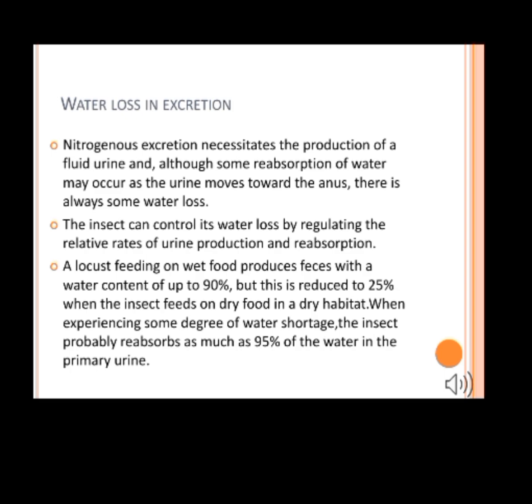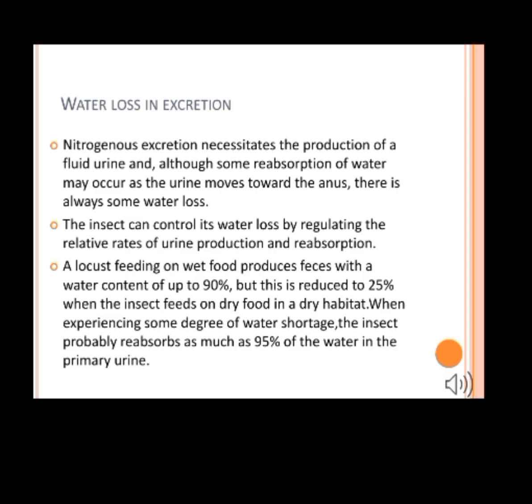Water loss through excretion. An insect produces nitrogenous excreta to remove waste products. By removing these, water is also removed. Reabsorption occurs to conserve the water and prevent water loss. These insects can regulate water by reabsorption processes.